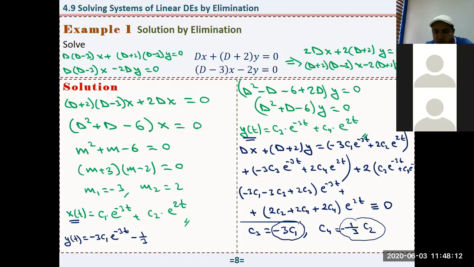This one is 2, right? It is minus 1 over 2 c sub 2 times e to the power 2t, okay? That is, these things are the solution of the given system of differential equations.